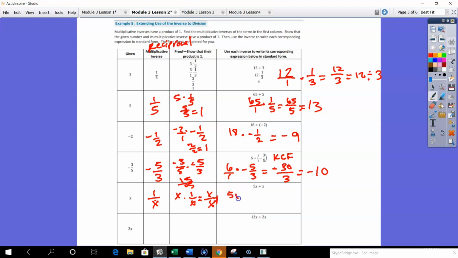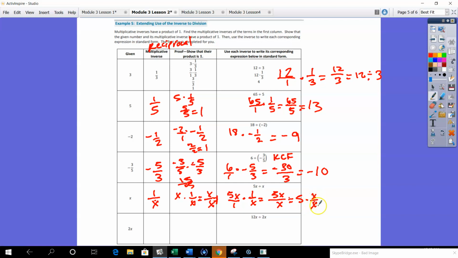Okay, so then we have 5x times 1/x equals, well, we got 5x times 1 is 5x, and then over x, which is equal to 5 times x over x if we just separated that out.